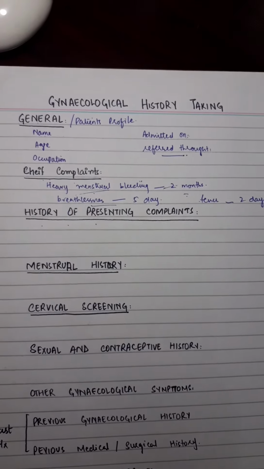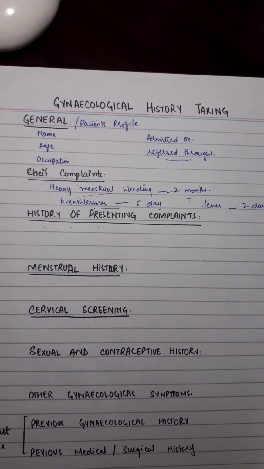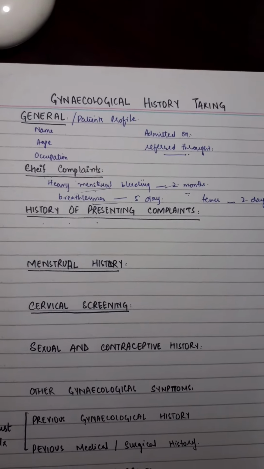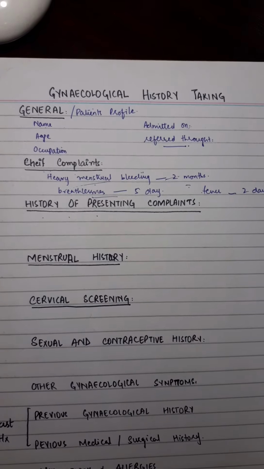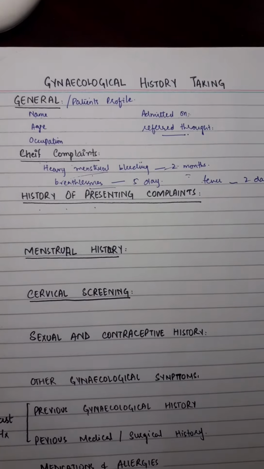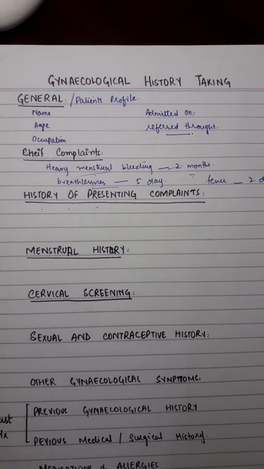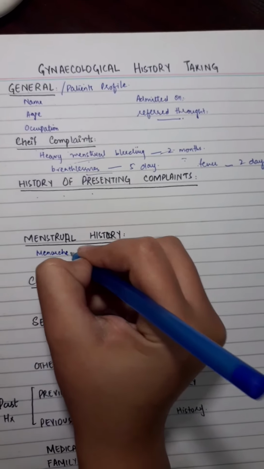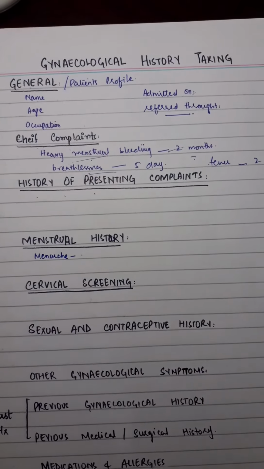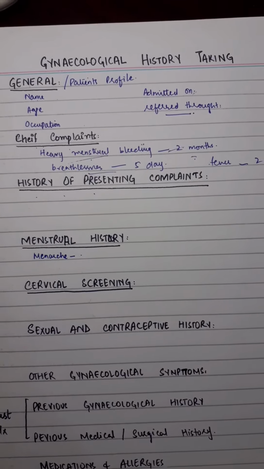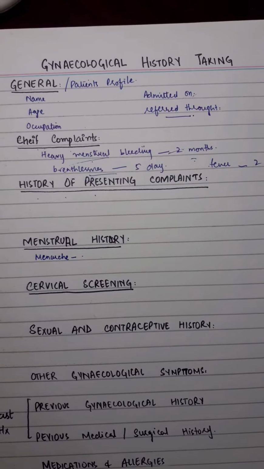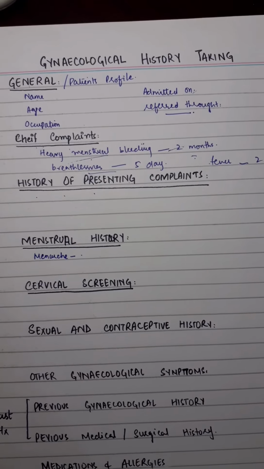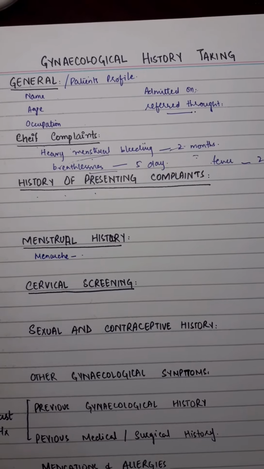Then the fourth heading is about menstrual history. In menstrual history, you are going to ask about the age of menarche, that is the starting of menstruation. It is important because many of the diseases are associated with early age of menarche or late age of menarche.